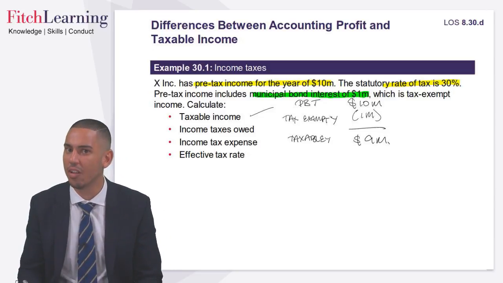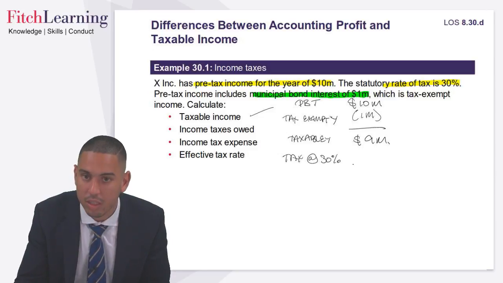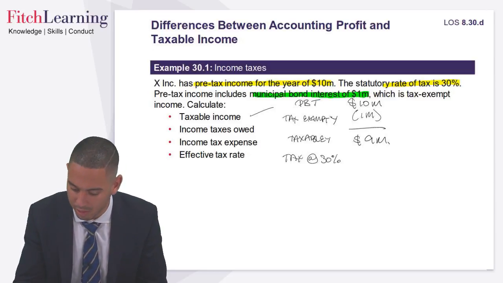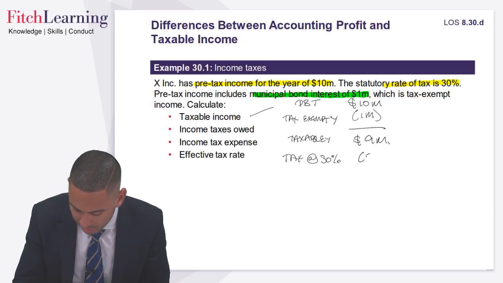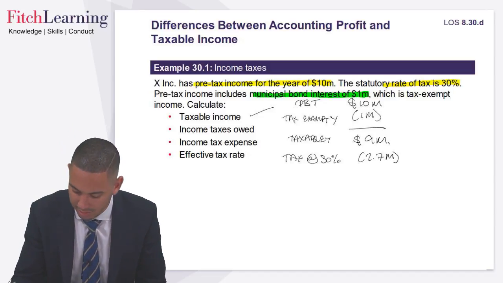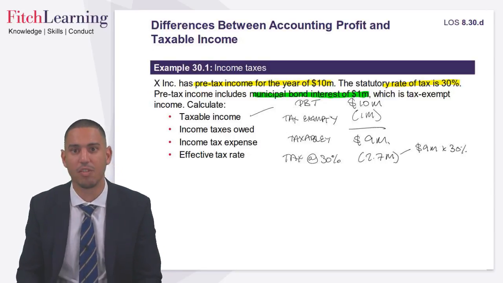And it is that 9 million that I pay tax at 30% on. So 30% of 9 million, 3 times 9, 27, it's going to be 2.7 million in tax. I'm just going to write up here, that is my 9 million times 30%.